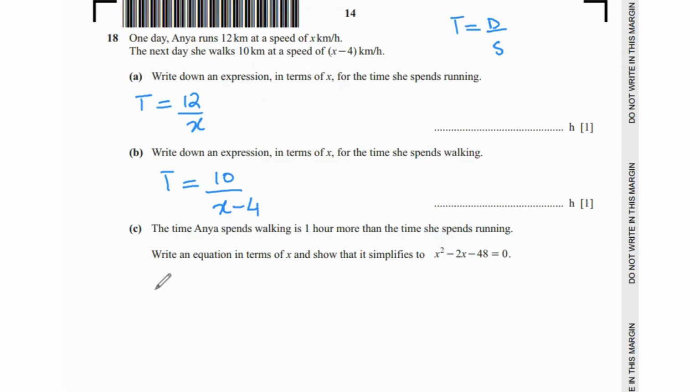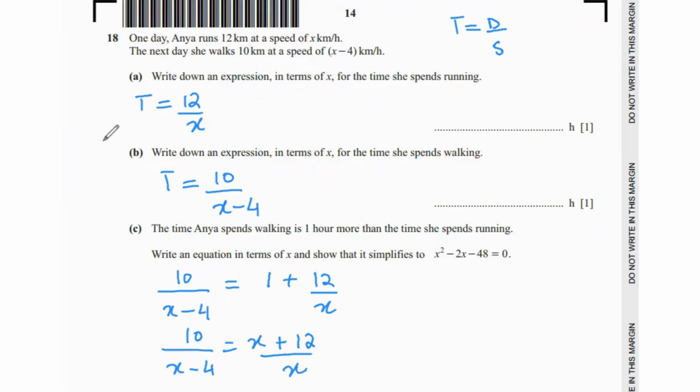So the time she spends walking, so 10 over x minus 4, is 1 hour more than she spends running. So that's 12 over x. So 10 over x minus 4 equals x plus 12 over x. Cross multiply. 10x equals x minus 4 times x plus 12.